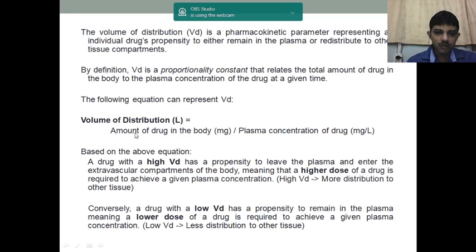Now what is the equation for Vd, the volume of distribution? It is the amount of drug in the body in mg divided by the plasma concentration of the drug in mg per liter.